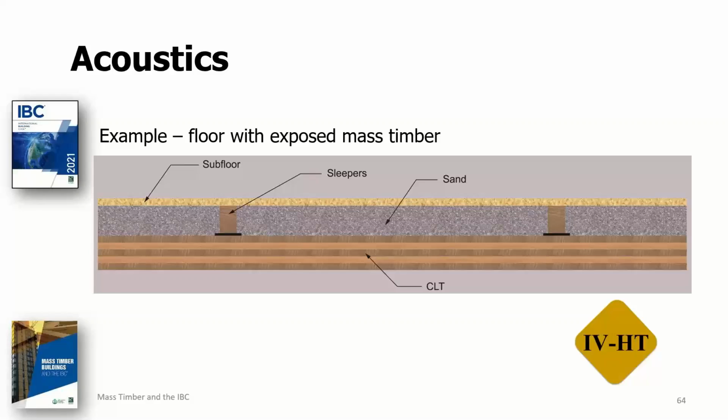This reduces the amount of noise that can directly travel through the structure, that is, from one side to the other. In mass timber floor ceiling systems, the most common decoupling products are underlayments and mats placed between the mass timber panel and the concrete or gypsum-based topping. The type and thickness of material varies by product line and manufacturer, but the purpose is the same for these. It's to break the direct connection between the structure and the ceiling finish.